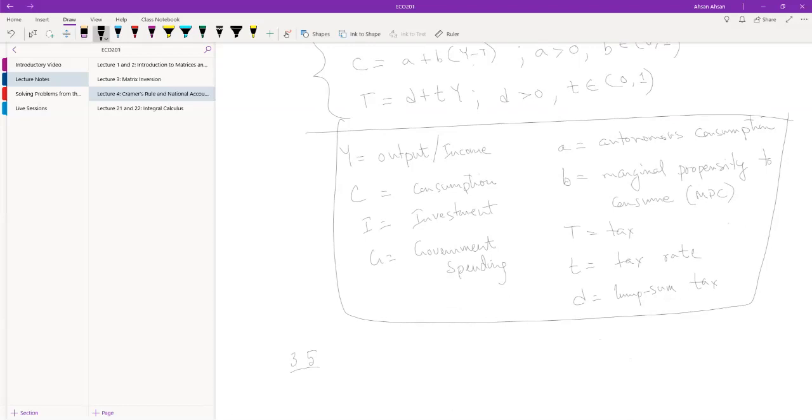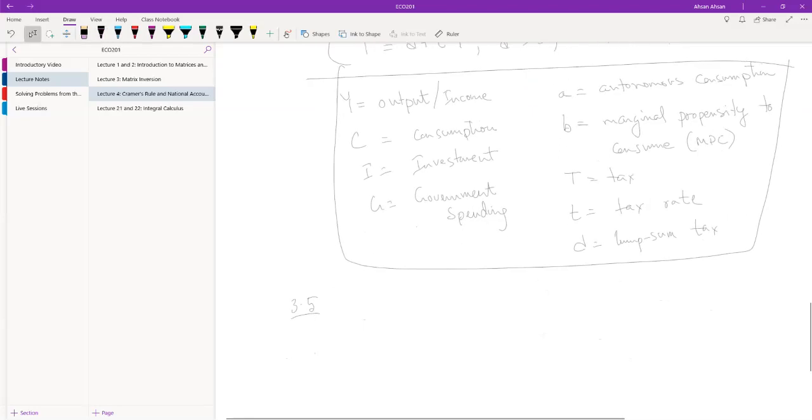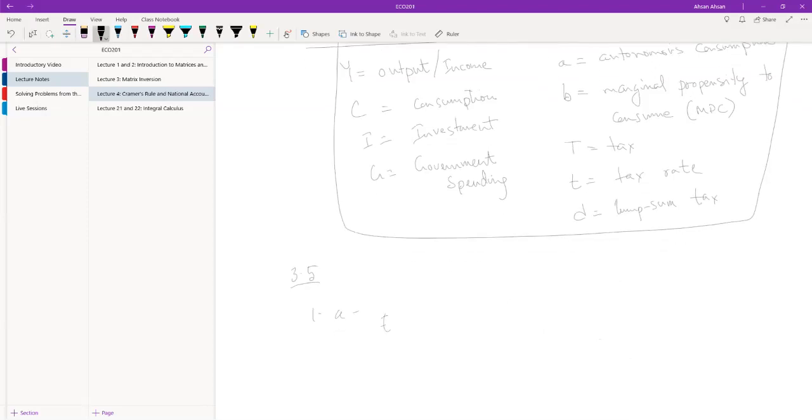And that is what we are doing here today. So part A, the question is: how many of these variables are endogenous? How many of these variables are exogenous? So let's first talk about endogeneity and exogeneity.